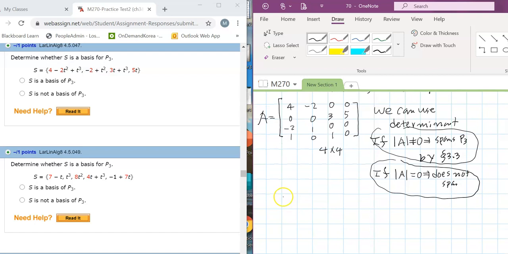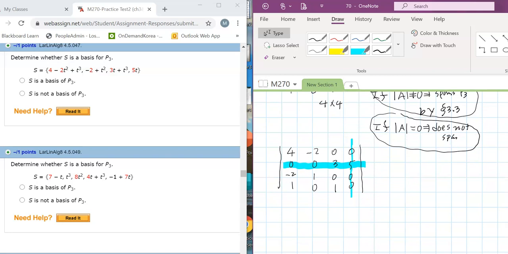Okay. So now I have determinant of 4, 0, -2, 1, -2, 0, 1, 0. The reason I'm using determinant is a bunch of zeros. 0, 5, 0, 0. So now I'm going to expand this about 5.